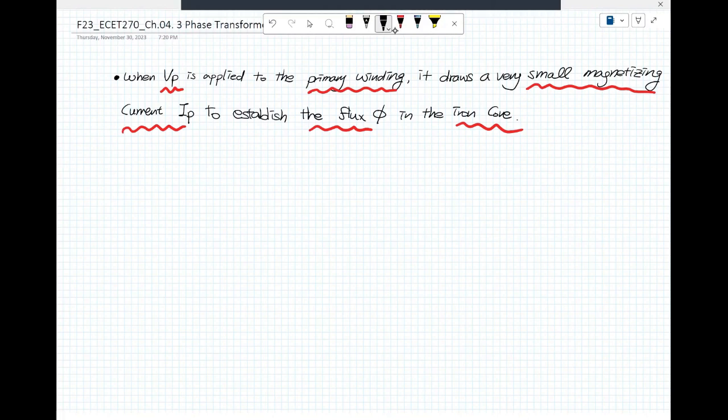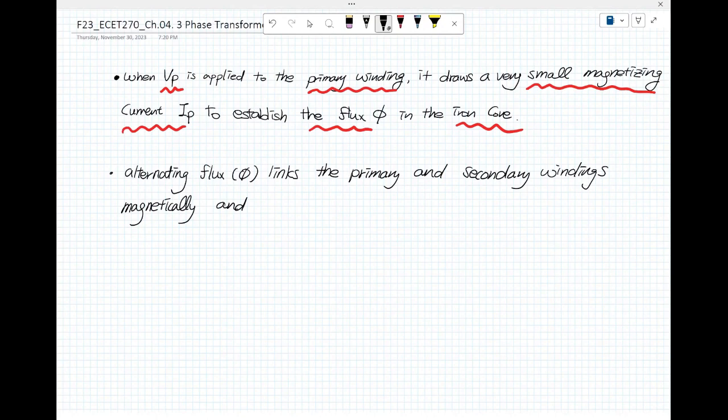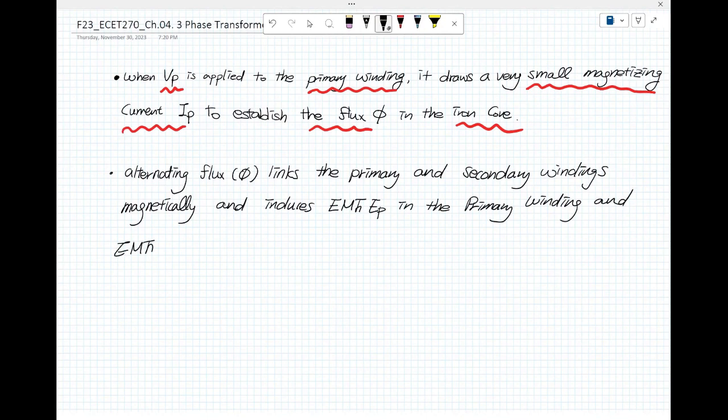So the alternating flux links the primary and secondary windings magnetically, and induces an electromagnetic field, EMF E sub P, in the primary winding, and EMF E sub S in the secondary winding.